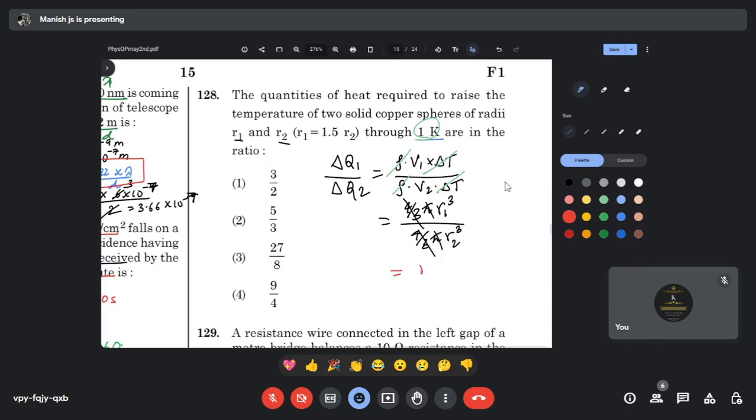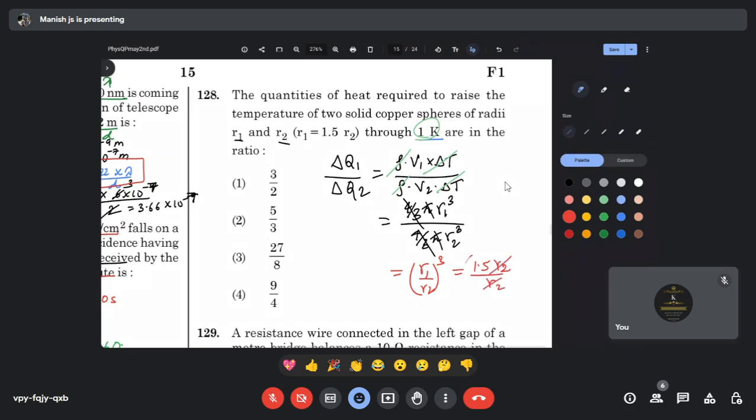R1 by R2 the whole cube, which can also be written as R1 is 1.5 times R2. So 1.5 times R2, that is R1 divided by R2.